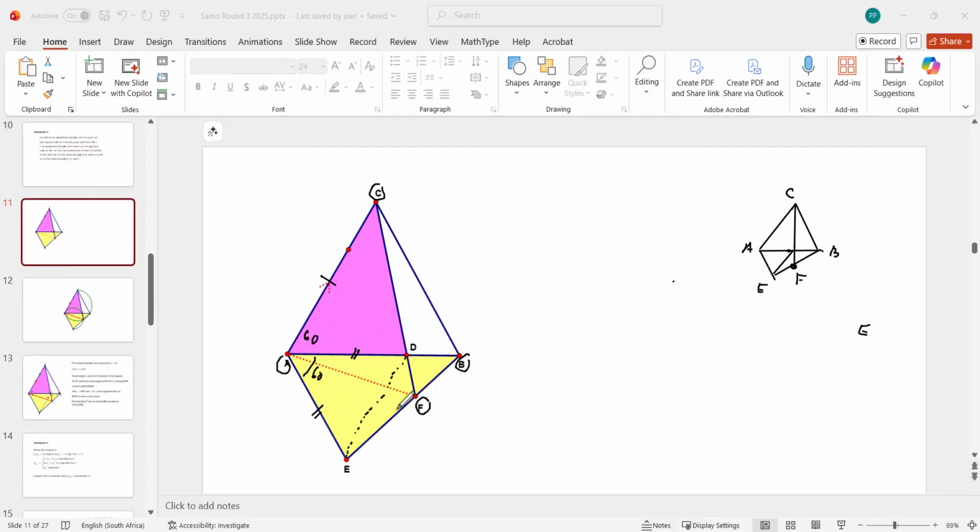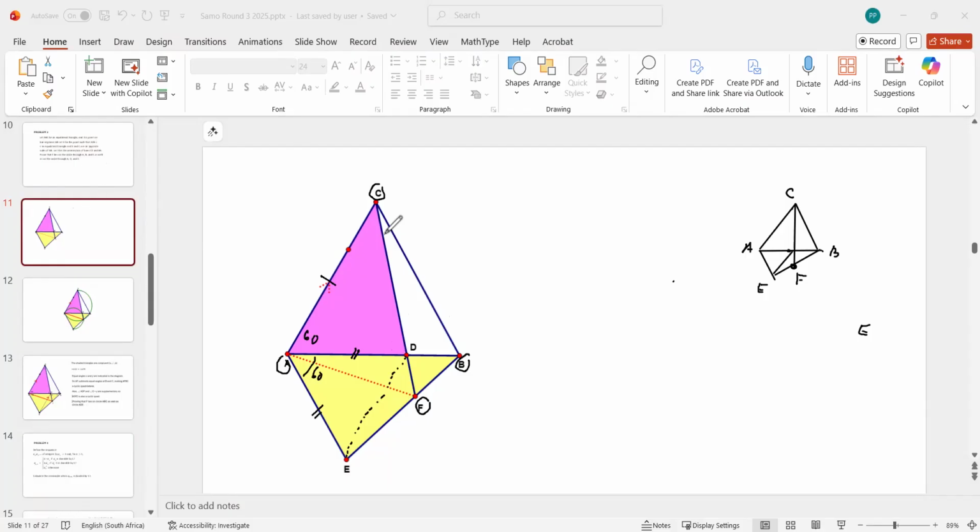So the point about this is that the yellow triangle and the purple triangle are congruent. The reason for congruency is two sides and an included angle. Which means that all the properties of the purple triangle are shared.